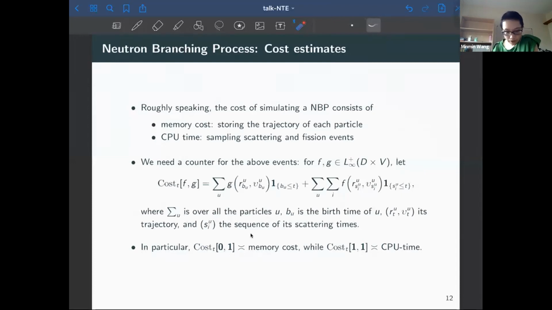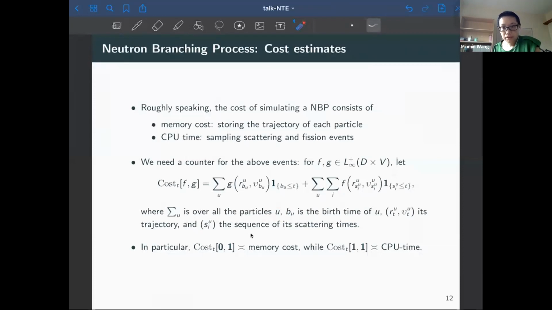So the idea here is we want to count, let's say, the number of particles which are born before a certain time. So what we do is look at all the particles which are ever alive in the system. Let's say u is such a particle.